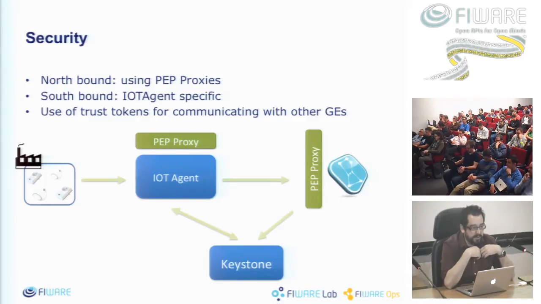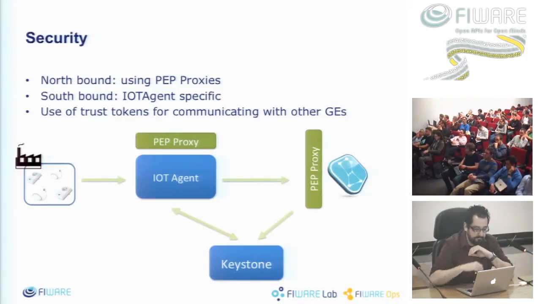So the writings in the context broker will be made not with the permissions of the generic IoT agent component, but with the permissions of the user that had provisioned the device, the permissions of the user and the service that the user has used to provision that device. Okay. Any questions about this? Okay. So we can proceed.